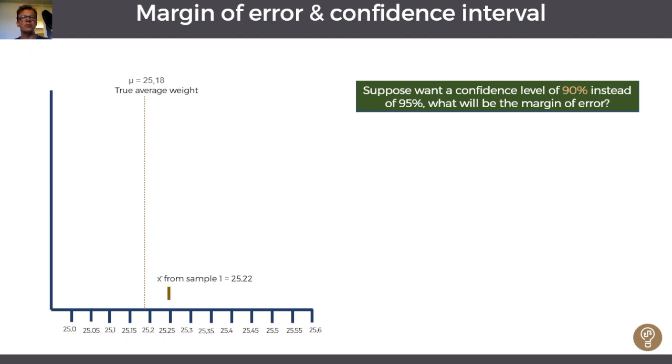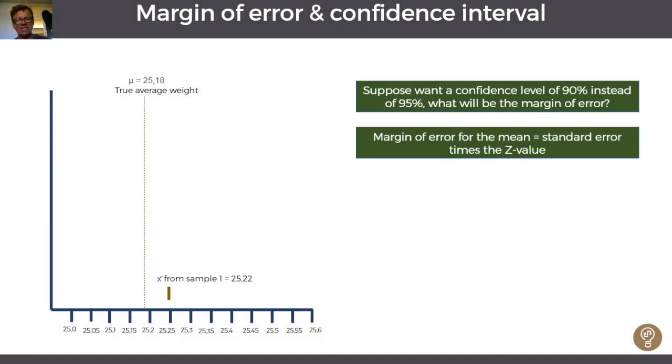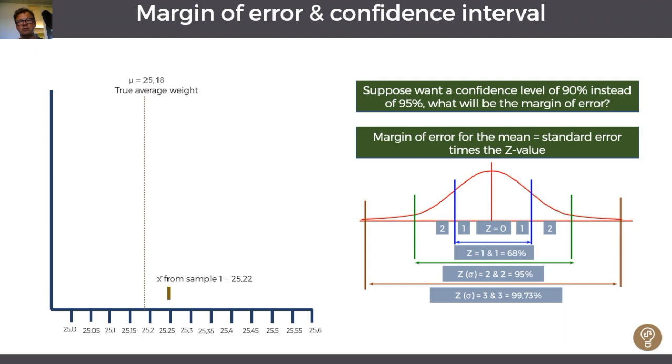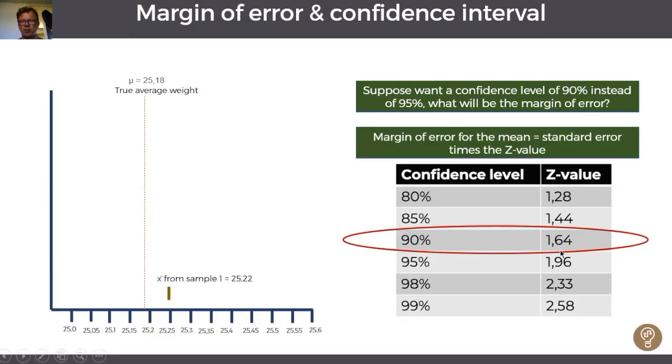Well, suppose you want a confidence level of 90% instead of 95%. What will happen to the margin of error? Well, it will become 0.11 instead of 0.13, so the margin of error will be smaller. And you can see that using the formula. When you want a certainty level of 90%, the z-value you will be using will be lower than 2, namely 1.64.